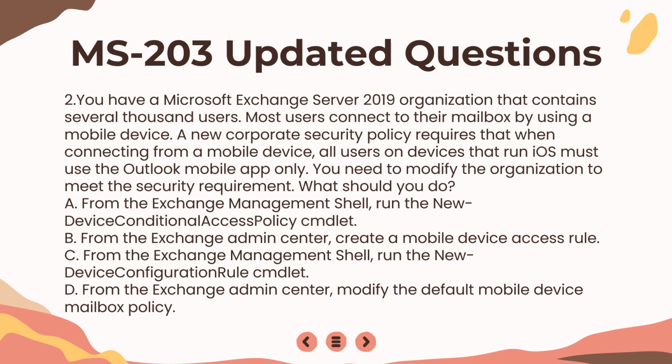A. From the Exchange Management Shell, run the New-DeviceConditionalAccessPolicy cmdlet. B. From the Exchange Admin Center, create a Mobile Device Access Rule. C. From the Exchange Management Shell, run the New-DeviceConfigurationRule cmdlet. D. From the Exchange Admin Center, modify the default Mobile Device Mailbox Policy.